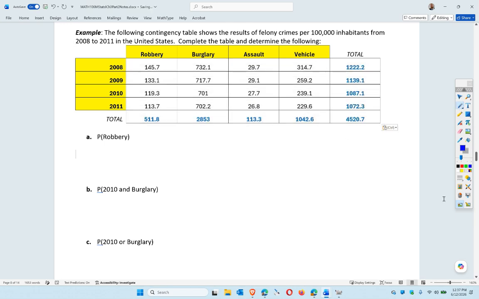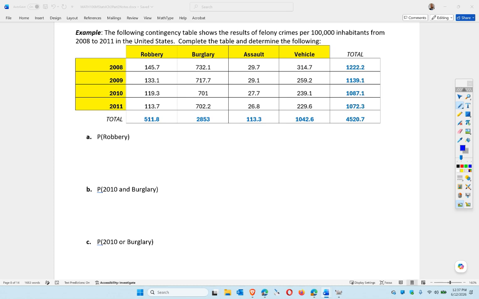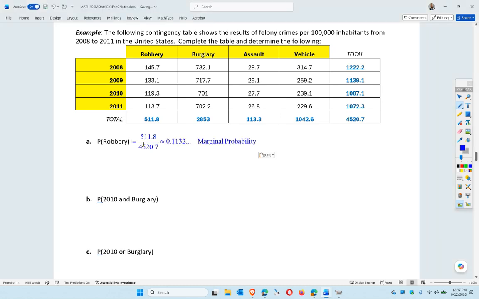So let's say I do robbery, right? So robbery is a singular thing there, so that's a marginal probability, right? That's going to be robbery right here, so this is this one out of this one, correct? That's a marginal probability. And here's the thing, when you divide it, it doesn't work out perfectly. It's going to be approximate. So either keep it in this form or do approximately, basically.